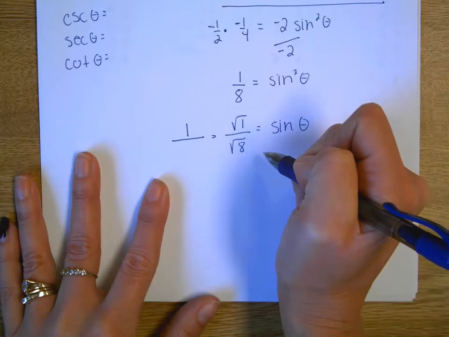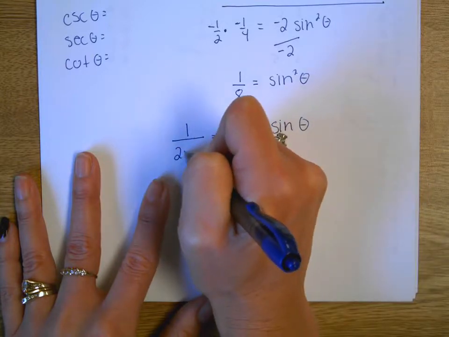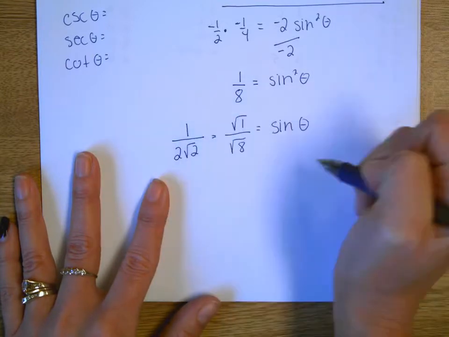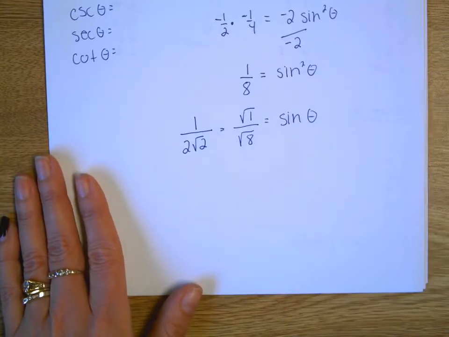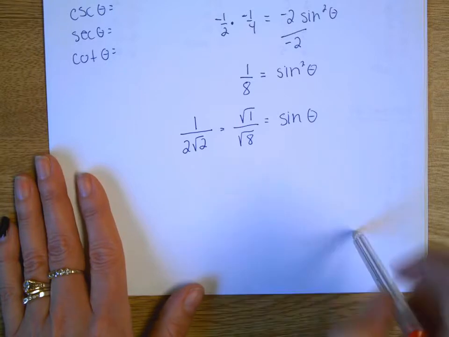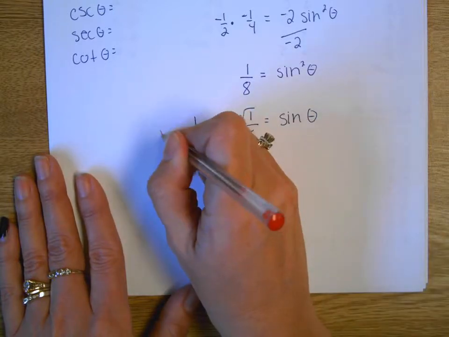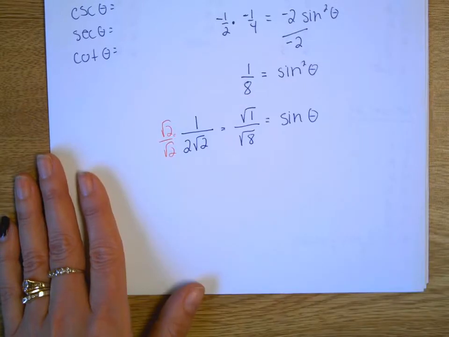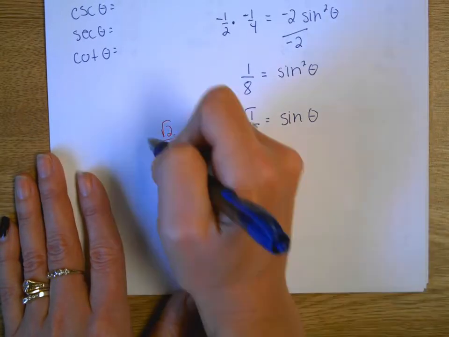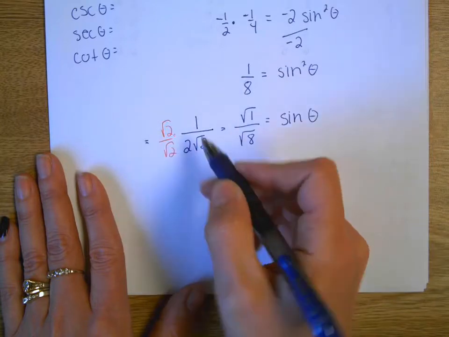And the square root of 8 is 2 square root of 2. And we can't leave that square root in the bottom. Close, square root of 2 over 4.